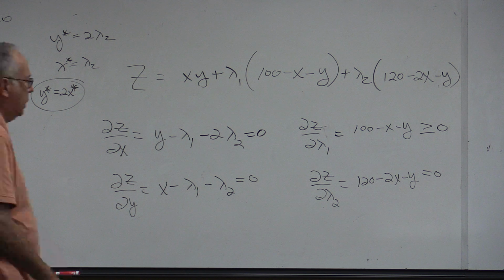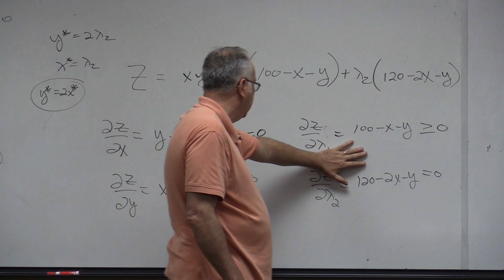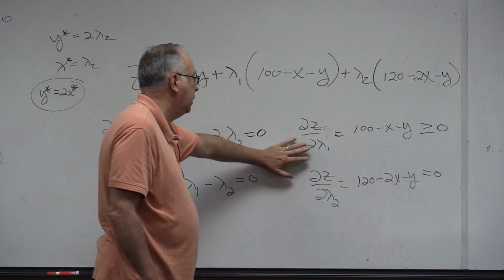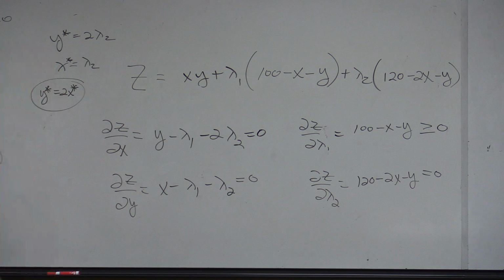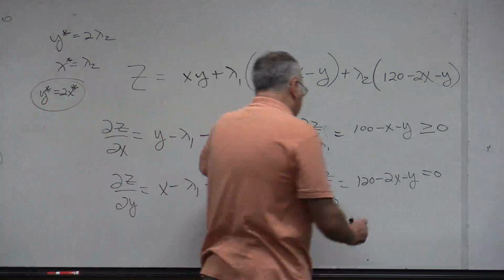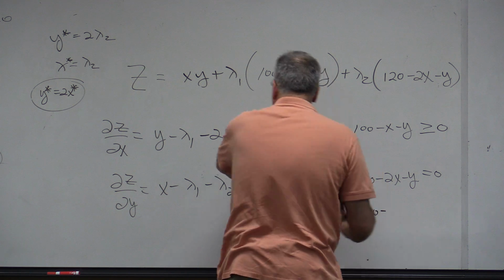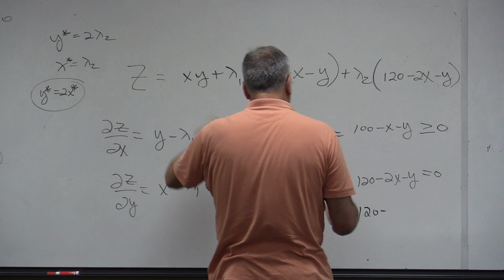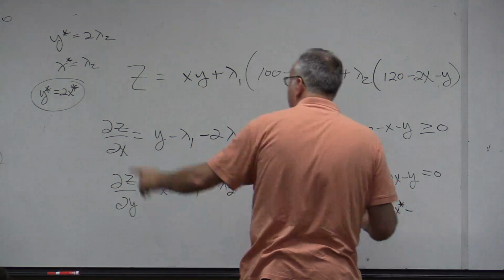Wait. When we solve for x and y from these equations, that's the trouble. These equations don't hold exactly. Okay. This y star is 2x. So let's go back to this equation. This one holds exactly. Here we go. So 120 minus 2x star minus y star.